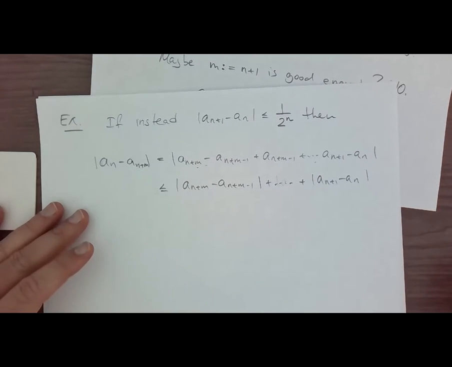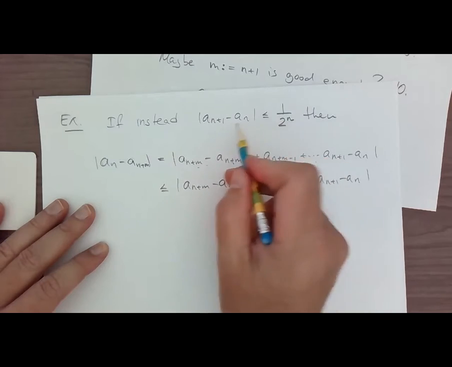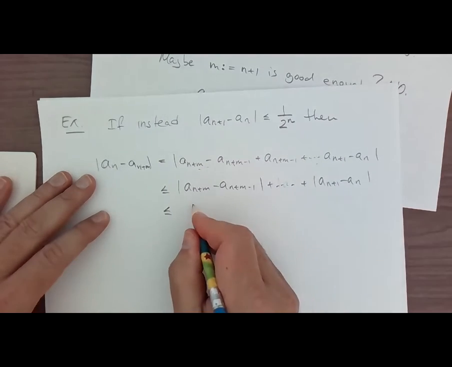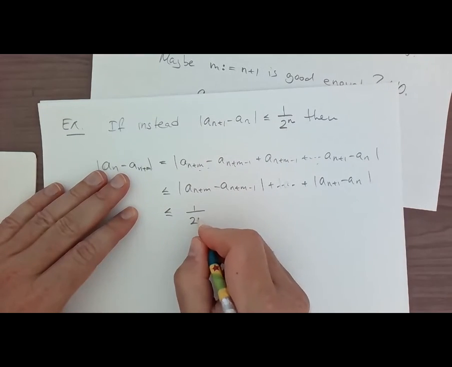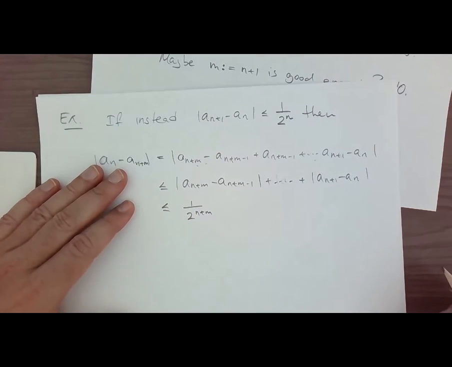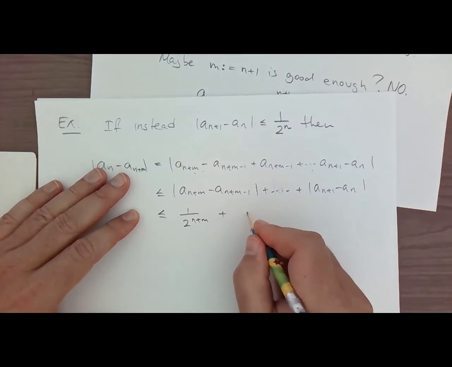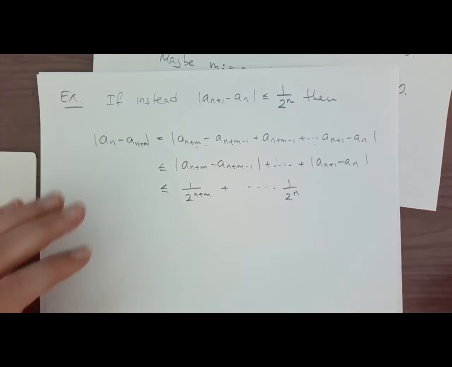And now how big would these things be? Each one of them would have this property. So this here would be less than 1 divided by 2 to the n+m, plus, and then all the way down to the last one, 1 over 2 to the n.